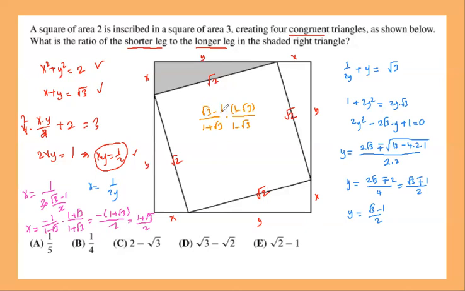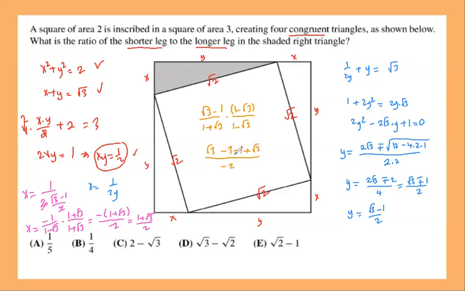If you multiply, the denominator is 1 minus 3, which is negative 2, and I expand the numerator.